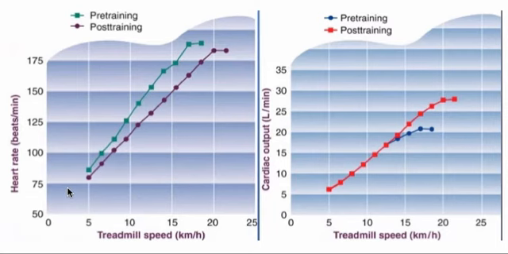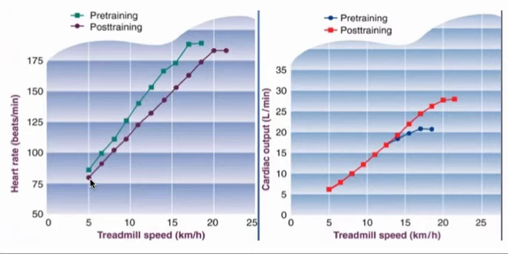So going back to this graph on the left, lower heart rate. The lower heart rate is due to a secondary adaptation. During training, the left ventricle hypertrophies, essentially becoming stronger, and develops greater contractility, which forces more blood out of the ventricle with each pump. The result is a greater stroke volume.